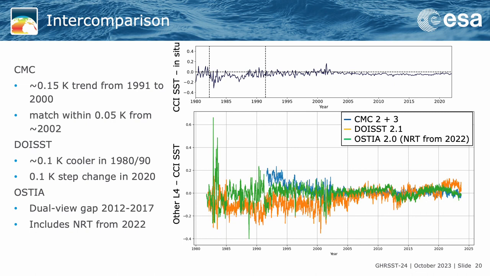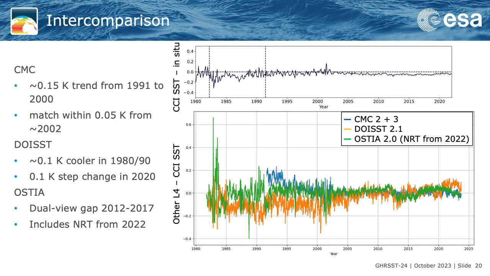The lower panel shows the global mean difference between the three comparison datasets and CCI SST. CMC shows a trend of 0.15 degrees between 1991 and 2000. However, after that, it agrees very closely with CCI, with differences less than a 20th of a degree or so.